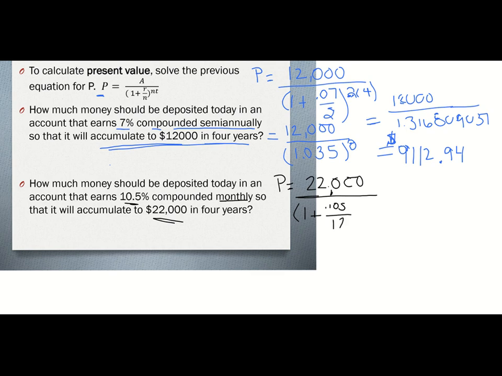Compounded monthly, so N is 12, and it'll be raised to the 12 times 4 power. So we're going to end up with 22,000 over, I'll do 0.105 divided by 12 plus 1. So I end up with 1.00875, and that's going to be raised to the 48th power, because that's 12 times 4.